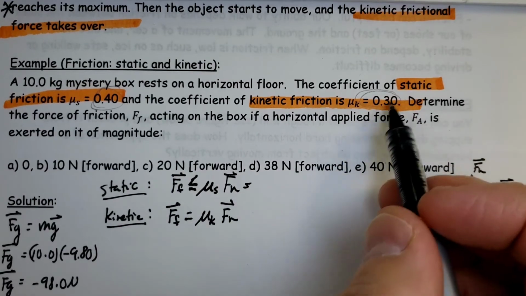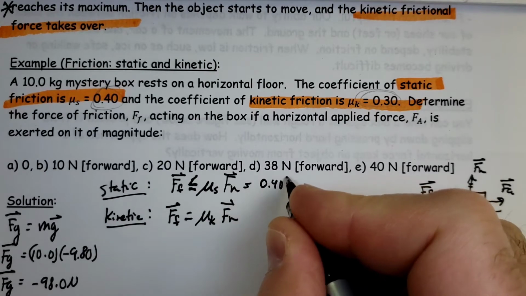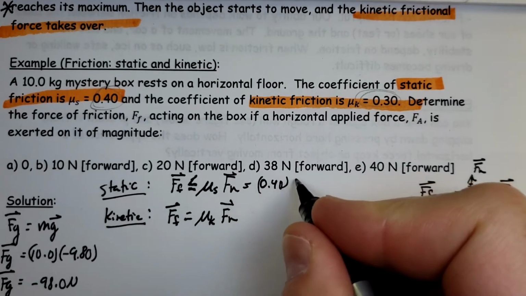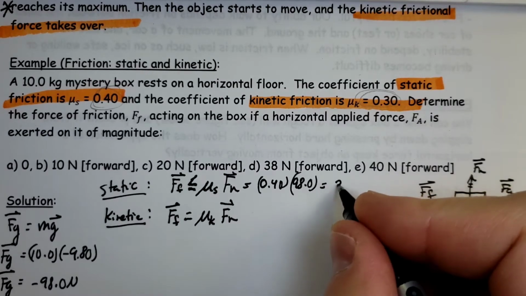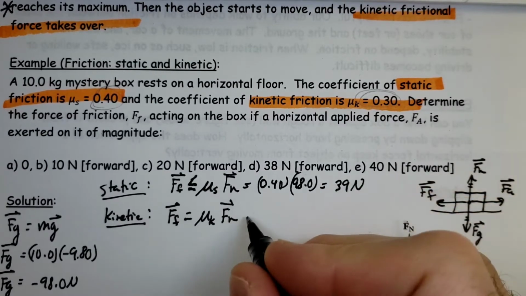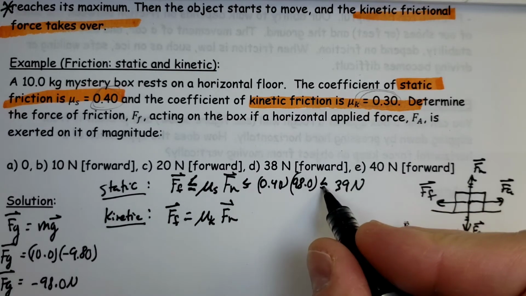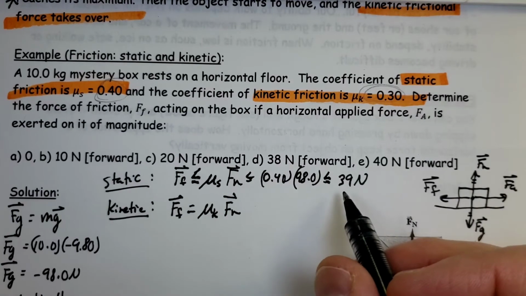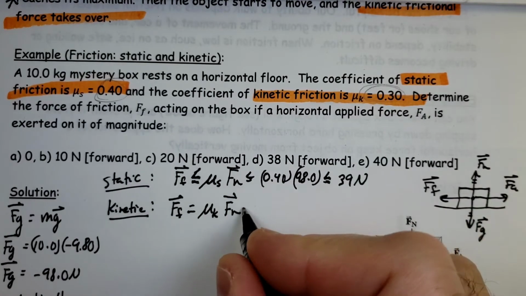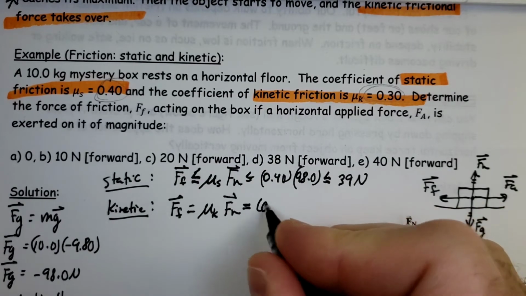So over here, my static coefficient of friction is 0.4. My normal force is 98. So that's going to give me 39 newtons. And of course that's less than or equal to. So the static friction force can be anything from 0 up into 39. Kinetic friction, though, once it's moving, will be equal to this number.